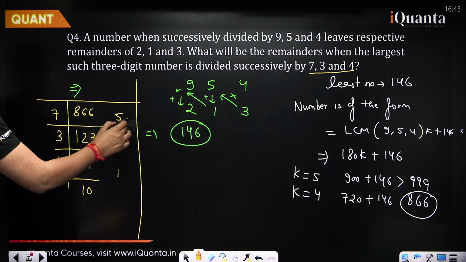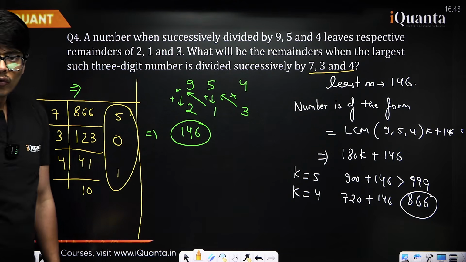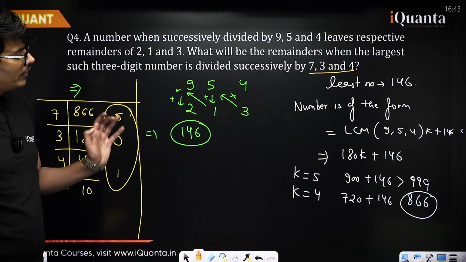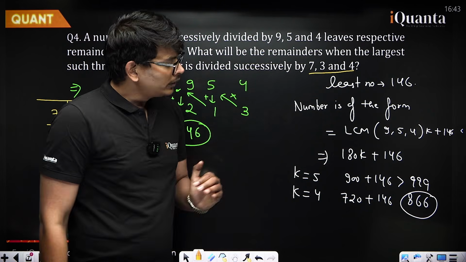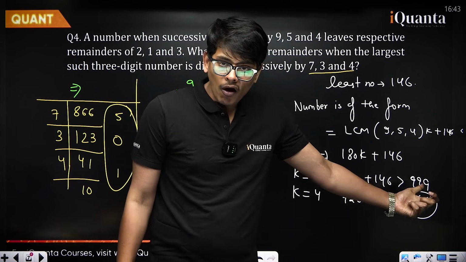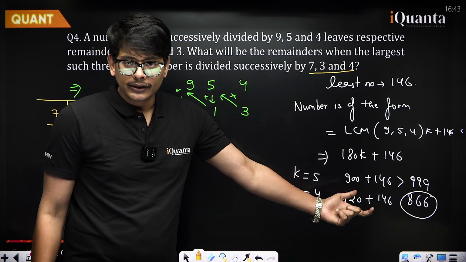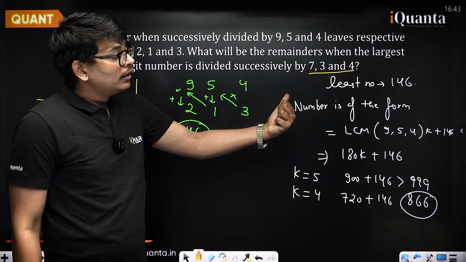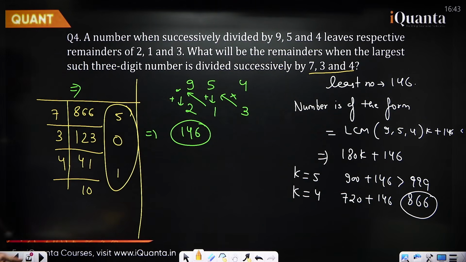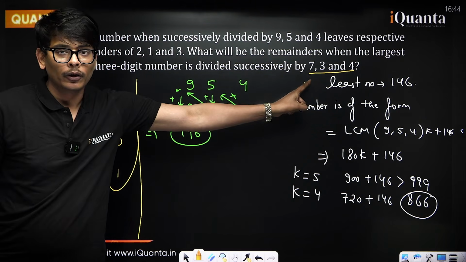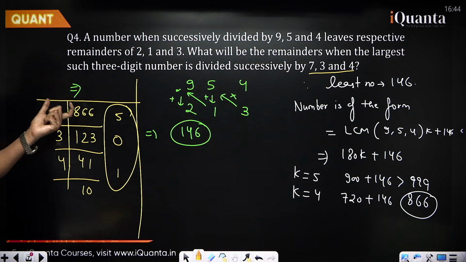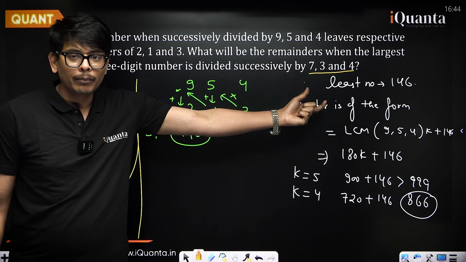Right? So my answer is 501. So what I did here, first I found the least number, then I found the number's form, I found the largest 3-digit number which satisfies the given condition, and then we solved for this particular part because we have to divide this largest 3-digit number successively by 7, 3 and 4.